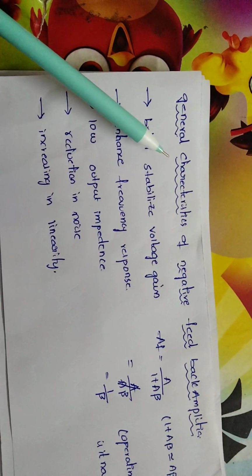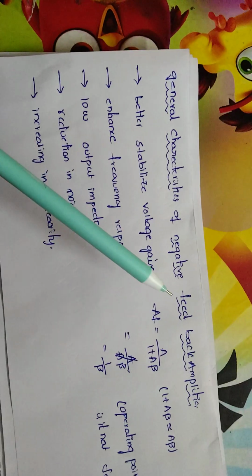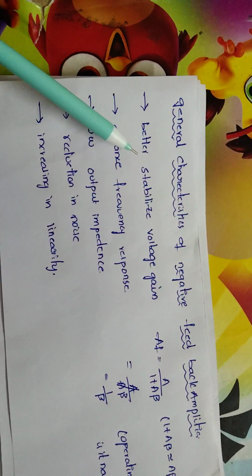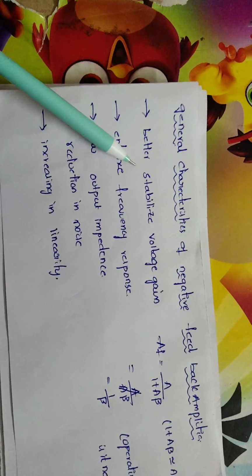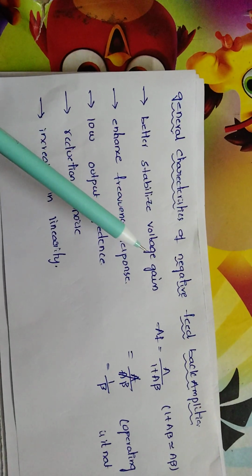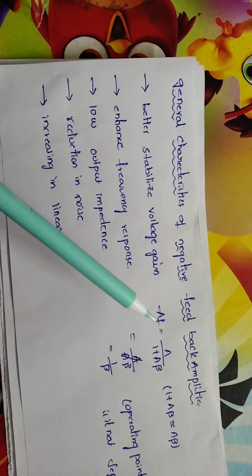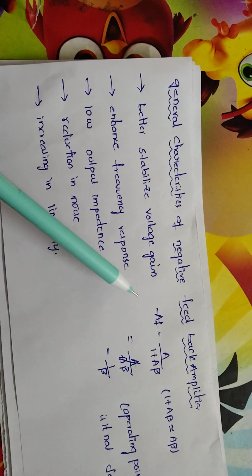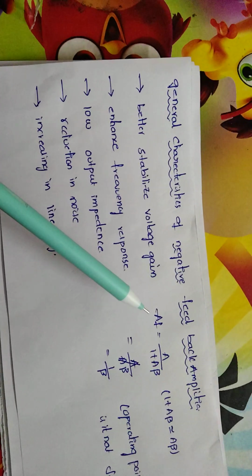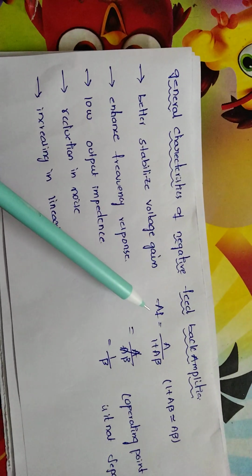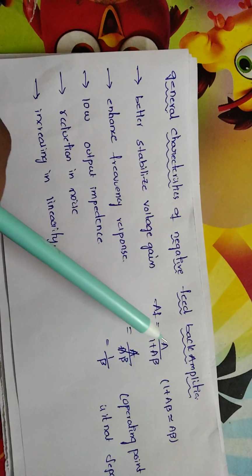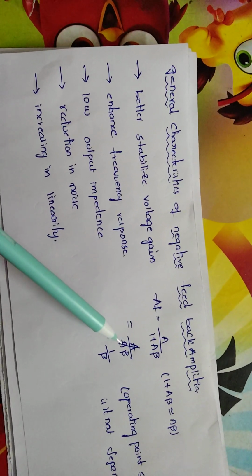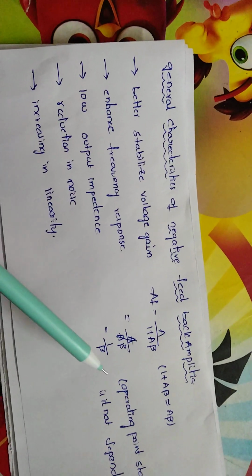These are the general characteristics of negative feedback amplifiers. In a negative feedback amplifier we have better stabilization of voltage gain. The gain is less compared to a positive feedback amplifier. The gain of the feedback amplifier is A by 1 plus A beta, which is approximately A by A beta, so A cancels, giving 1 by beta.